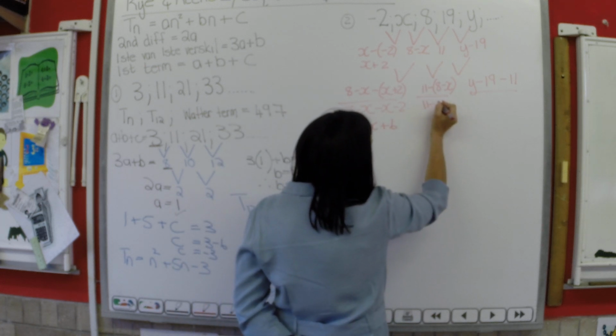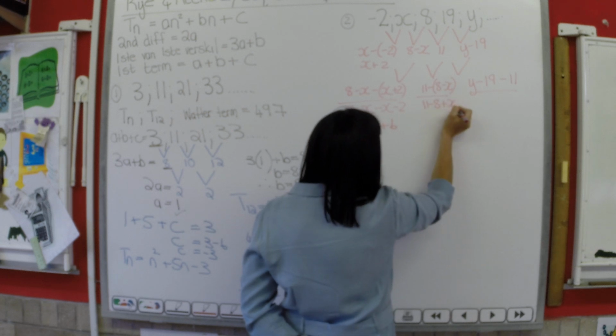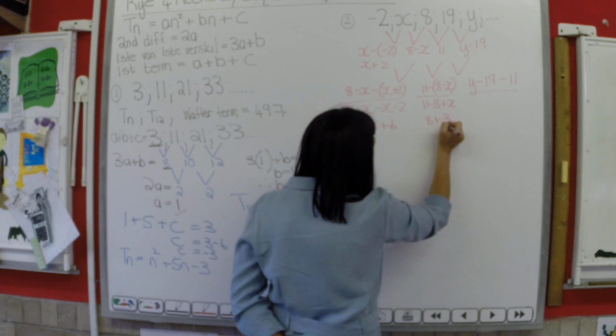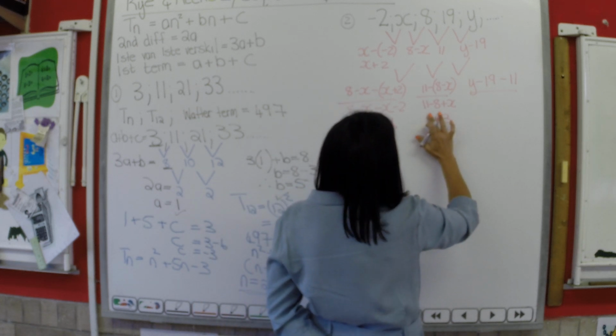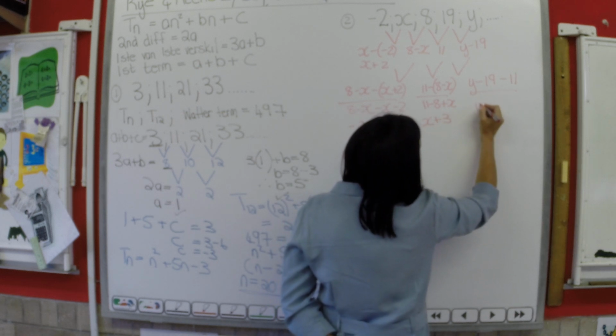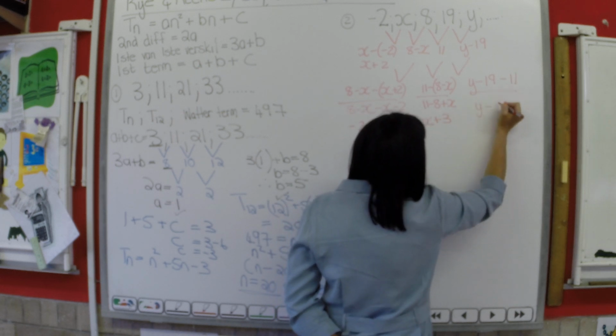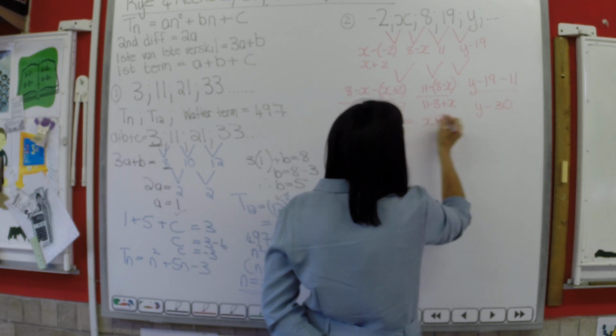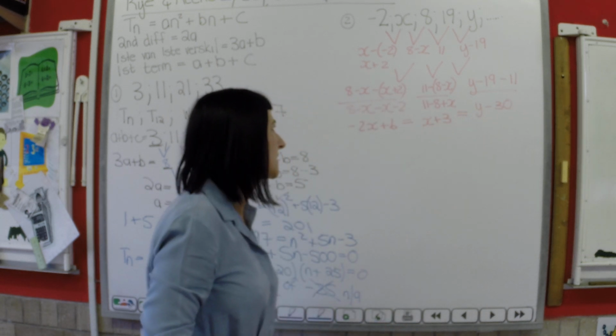Hier, 11 minus 8 plus x, so dis x plus 3. The last one will be y minus 30. So hierdie 3 is al 3 gelyk aan mekaar, want dit is 'n kwadratiese getalpatroon.